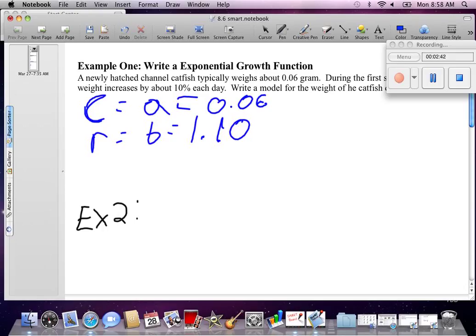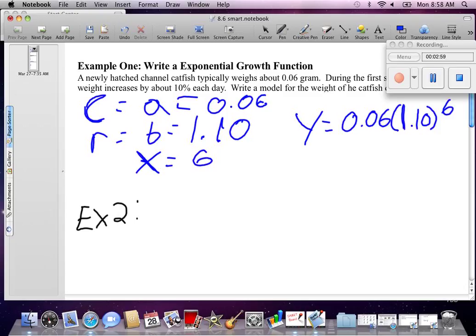What is our X? What is the time? 6 weeks. Good. So now we're just going to stick this into our equation. We say y equals 0.06 times 1.10 to the 6 weeks. It doesn't say to solve this one, it just says write a model.